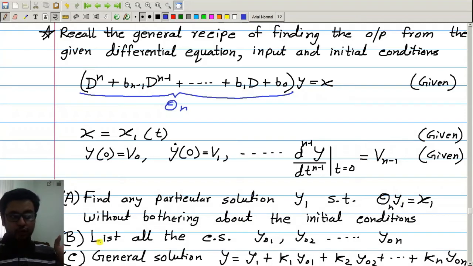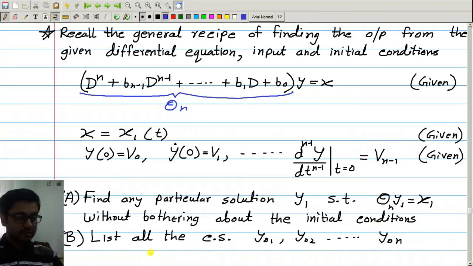After that, we shall list all the complementary solutions y01, y02, y0n, n number of them, such that this operator acting on y01 gives 0, also y0n acted by this operator gives 0 and so on.